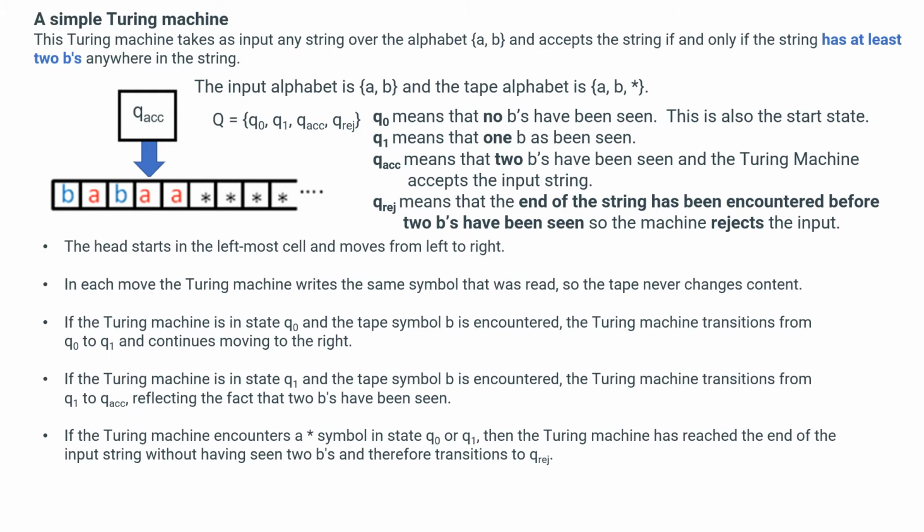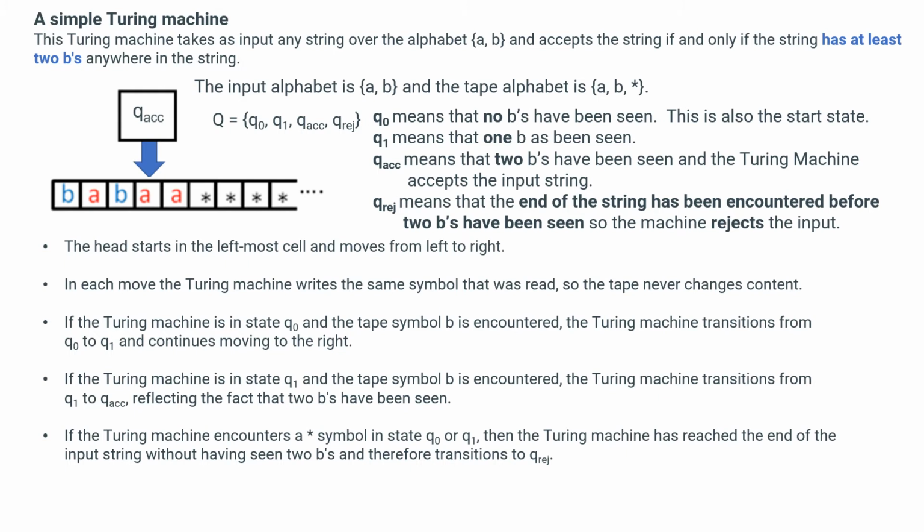If it gets to an asterisk and it's still in Q0 or Q1, then that's when we know that there are not at least two B's. There's either no B's in there or there's one B, but it never got to two B's because it never reached the QACC.